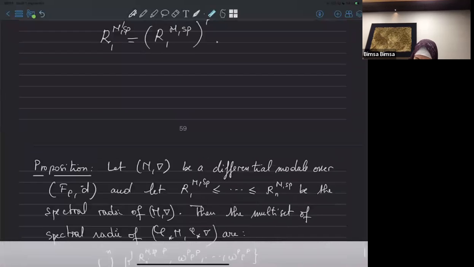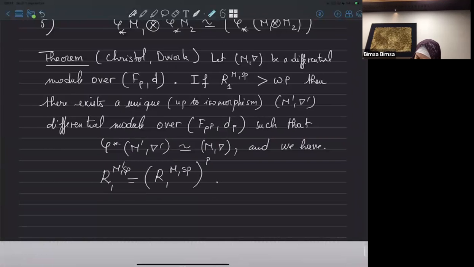Then, for example, here, the radius of this point is rho to the power p.